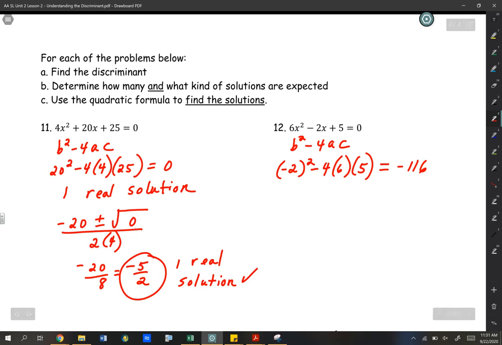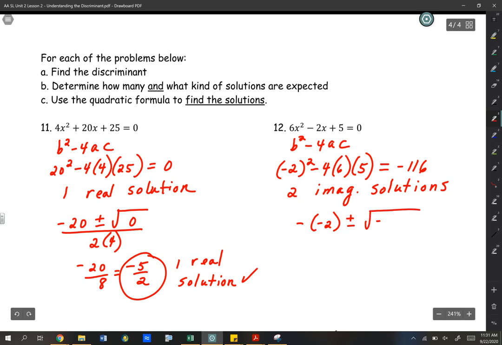That means we're expecting two imaginary solutions. All right, let's use our quadratic formula. Negative b plus or minus the square root of the discriminant over 2 times a. So that's 2 plus or minus.